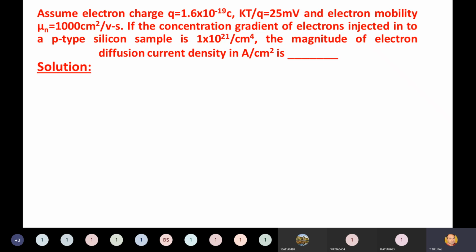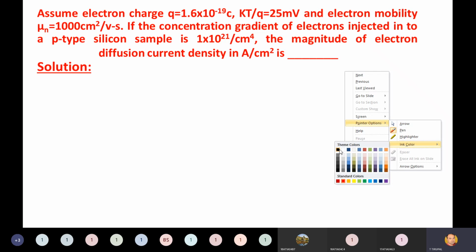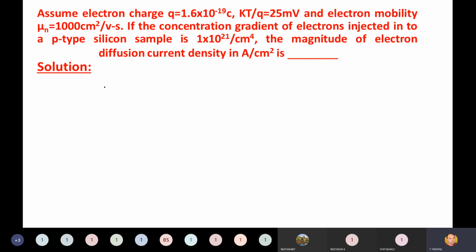Write given data first. Q is given, Vt is given 25 millivolts means room temperature.